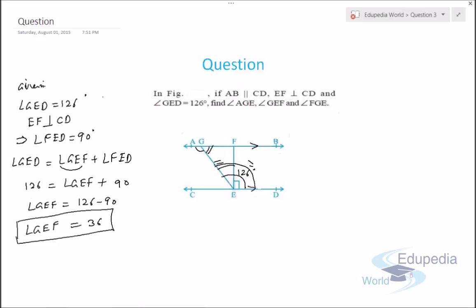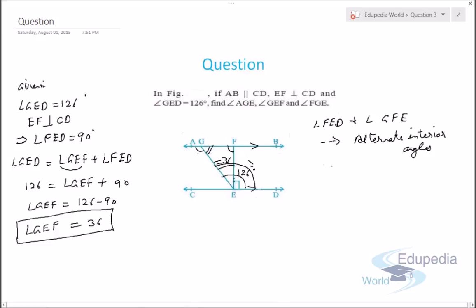We got the value of GEF. Now GEF, this angle, is 36 degrees. Now we need to find this angle and this angle. If we consider this angle, angle FED, and this angle, GFE, these are alternate interior angles.